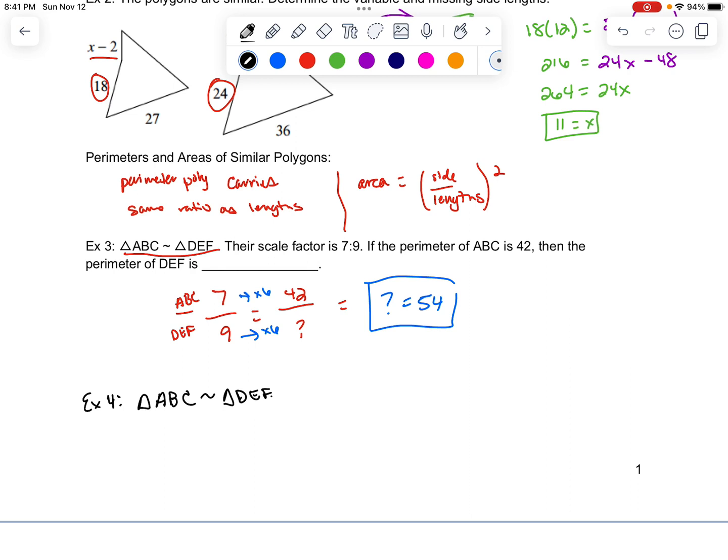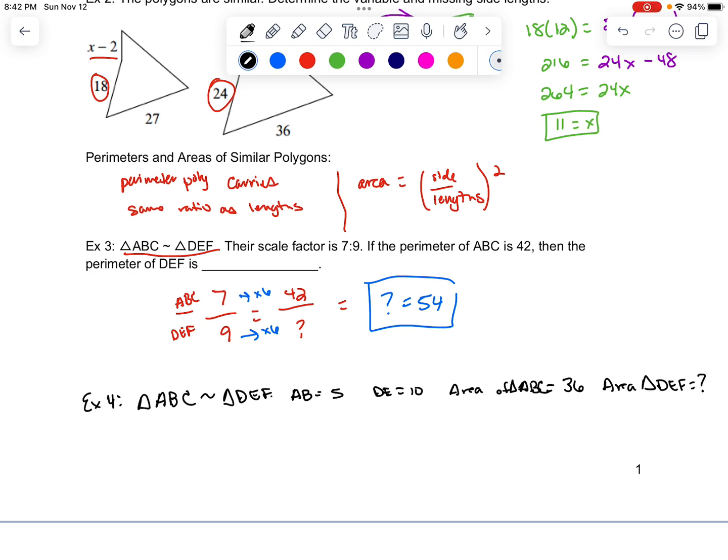I'm going to use different numbers here, but let's say that AB equals 5 and DE equals 10. And let's say that the area of ABC is 36. And we're trying to figure out the area of triangle DEF.